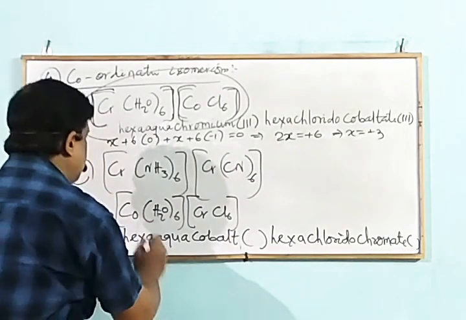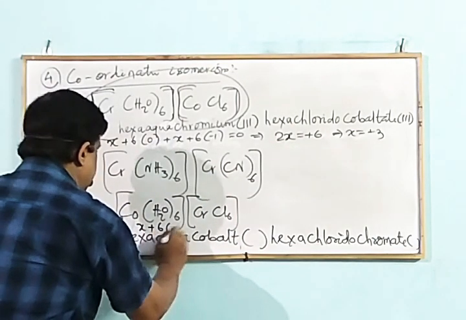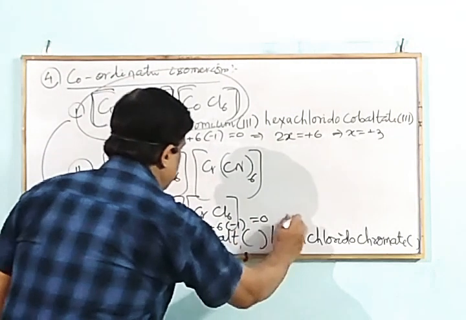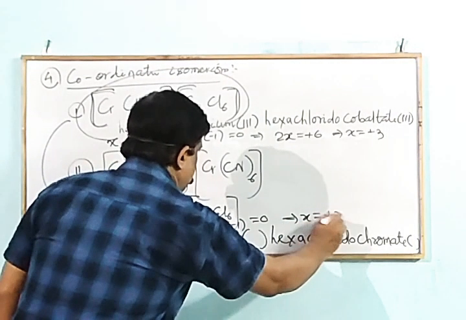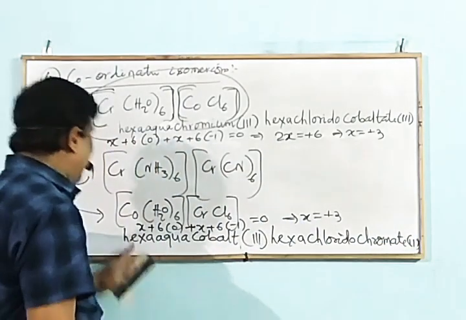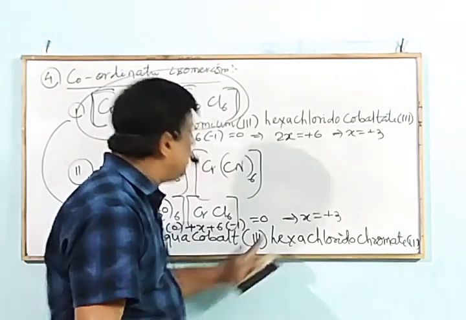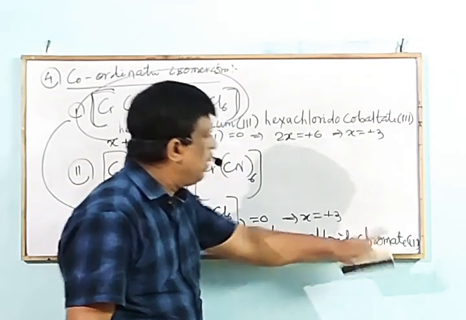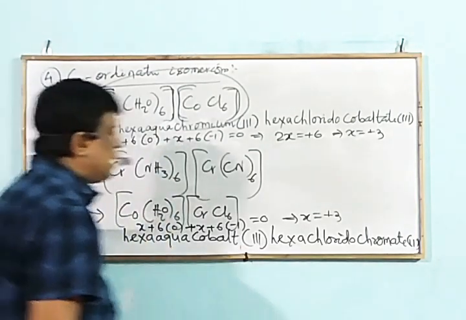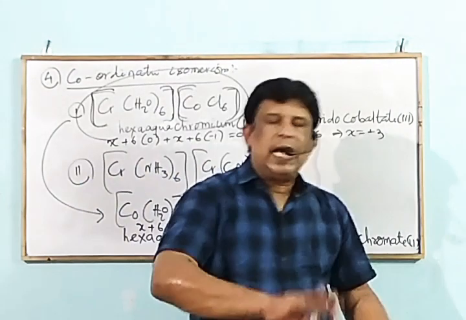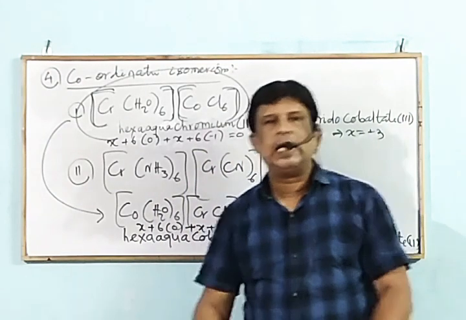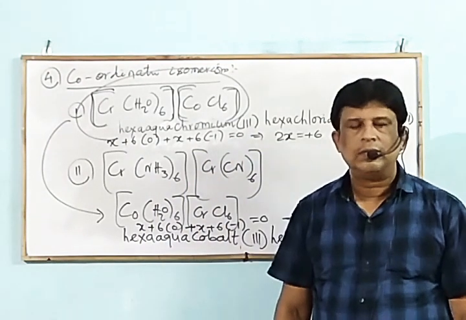We have to find out: x plus 6 into 0 plus x plus 6 into minus 1 is equal to 0. On solving, x is equal to plus 3. So its name is hexaaquacobalt(III) hexachloridochromate(III). Mark that: same formula but different. They exchange their coordination sphere, exchange their central metal atom, exchange their ligands in the cationic and anionic complex.